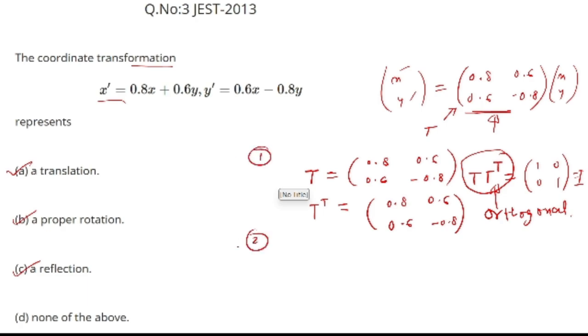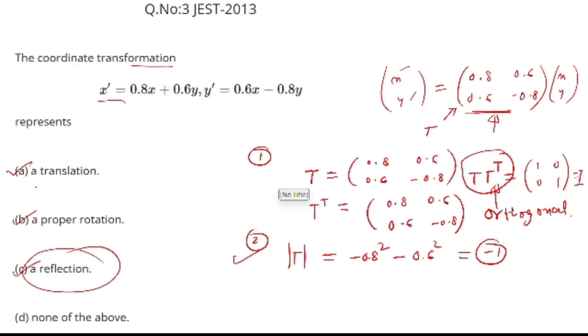The second thing we have to check is the determinant of this transformation matrix. If we find the determinant of T, it gives minus 0.8 squared minus 0.6 squared, so it gives minus 1, so the determinant is negative. Whenever the transformation matrix is orthogonal and gives determinant minus 1, the transformation represents reflection only.